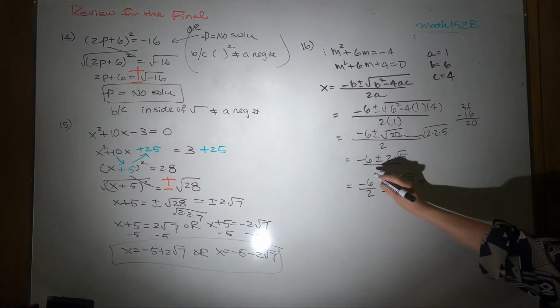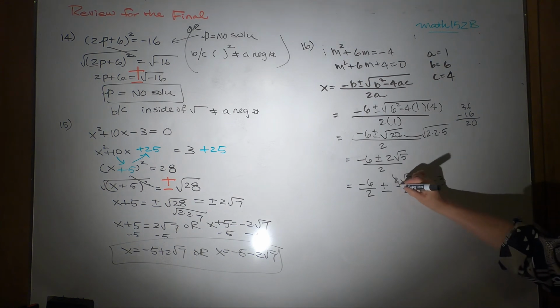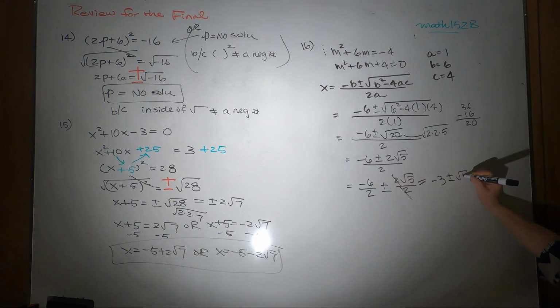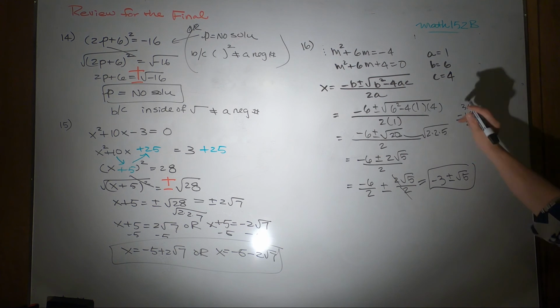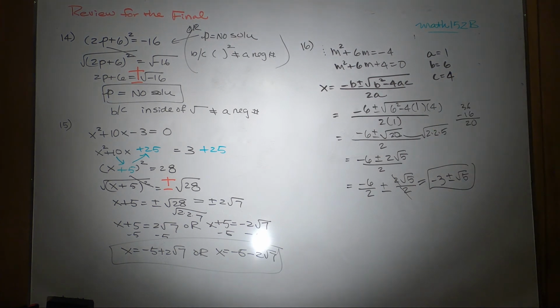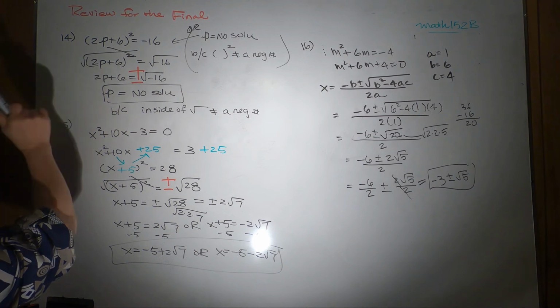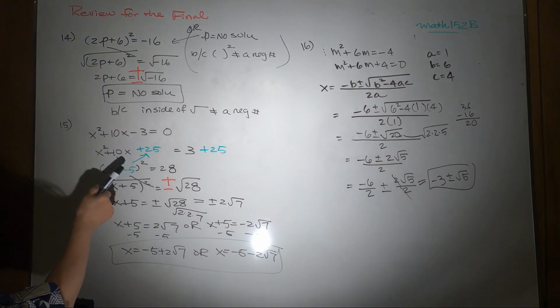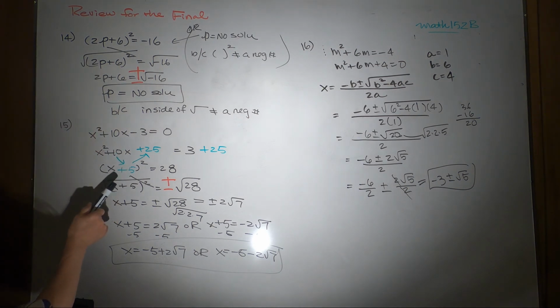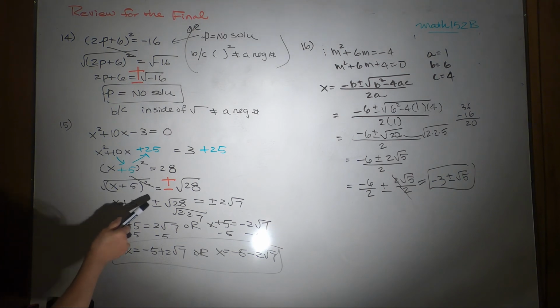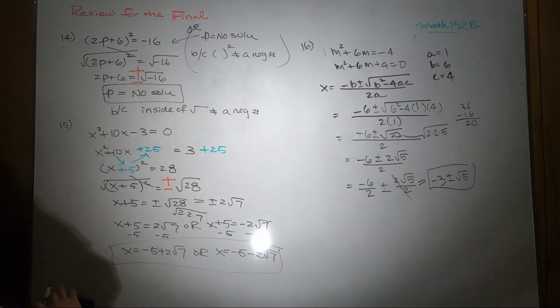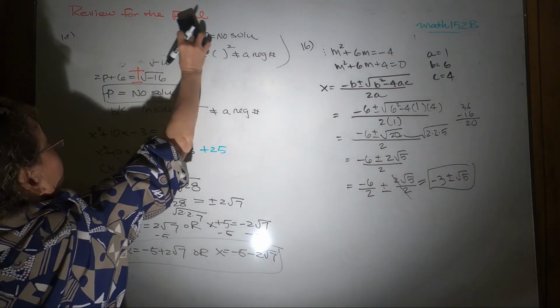Then the answer should be negative 3 plus minus square root of 5, if we use the formula to do it. So we practice the square root property method and completing the square, also the formula.